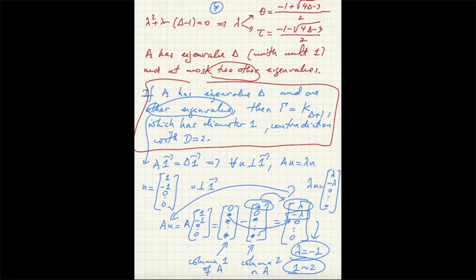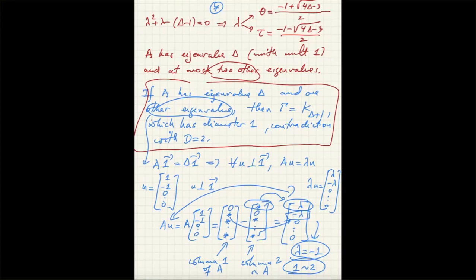But I can do the same argument for the difference of any two canonical vectors, EI and EJ, with I different from J. And this will give me that I is adjacent to J for any I different from J, and that would lead to the graph being the complete graph. So I hope this is clear. And again, what we're proving here is that the adjacency matrix of our graph, gamma, has actually 3 distinct eigenvalues.